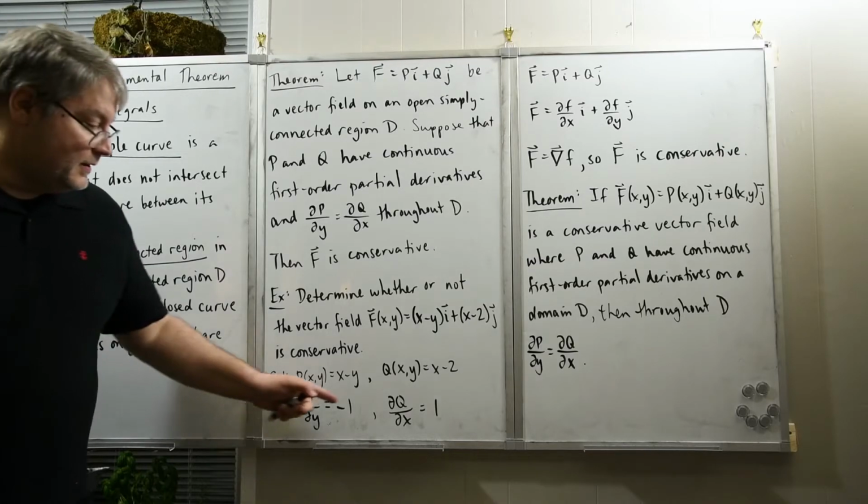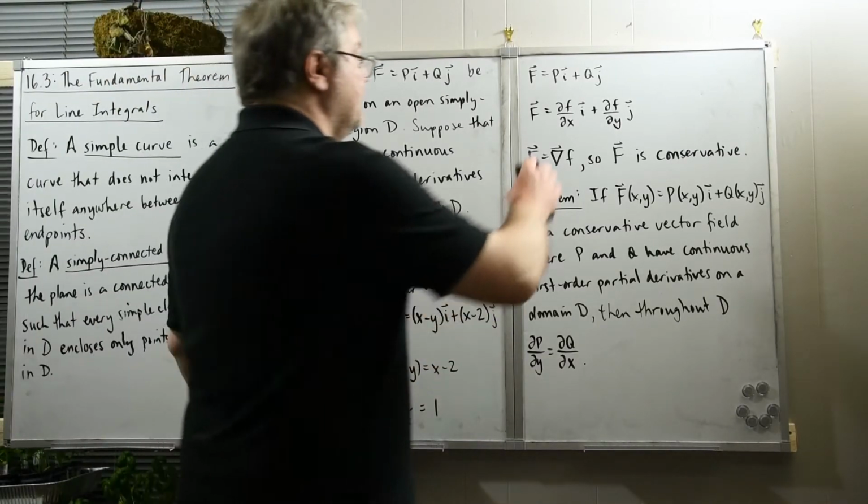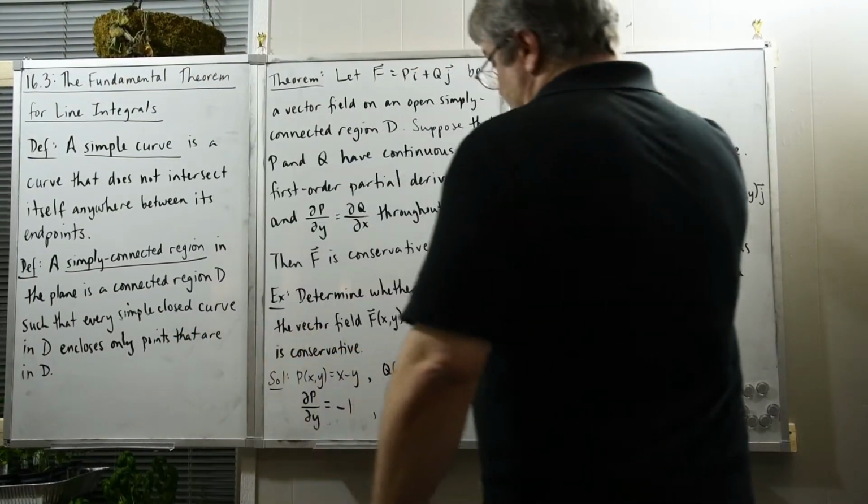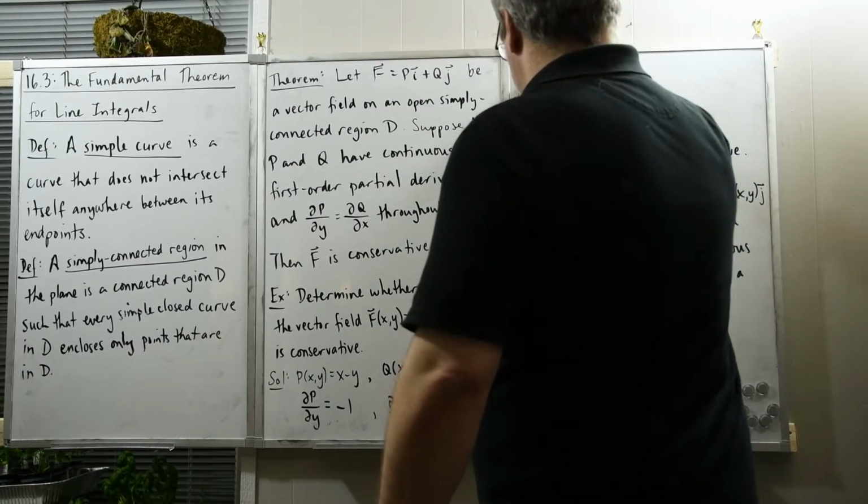So it turns out that these partial derivatives are not equal, which means F isn't conservative.